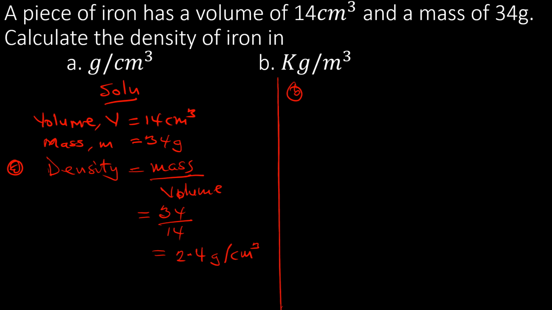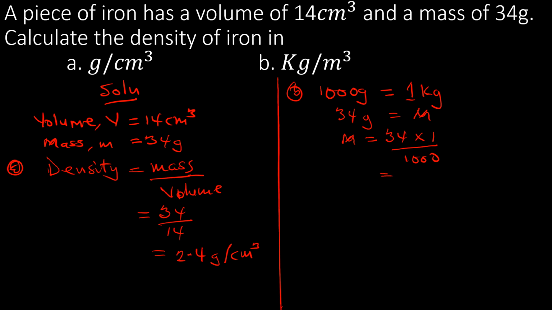So let's do the mass first. 1000 grams is equal to 1 kilogram. So 34 grams is what? Let's call it M. By using cross multiplication, M will be 34 times 1 over 1000.